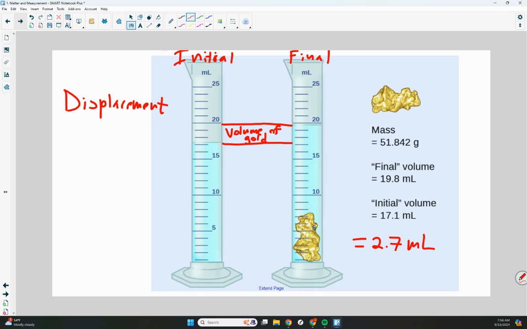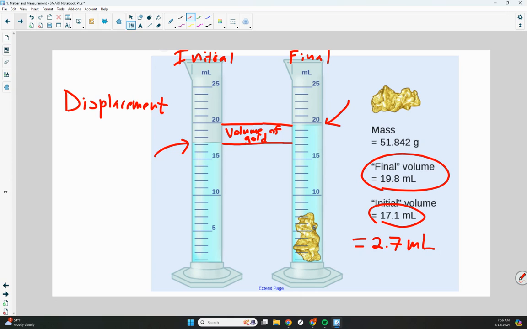So for instance, in this diagram, we have the initial level of the water, which is 17.1, and that's right here. Initial means at the start. And we have the final level of the water, which is at 19.8 milliliters.